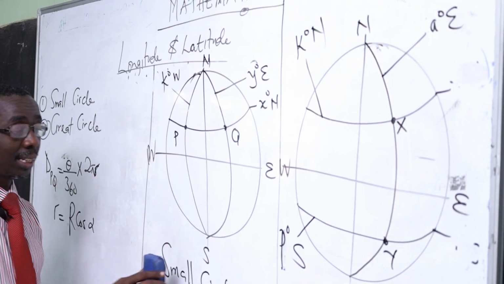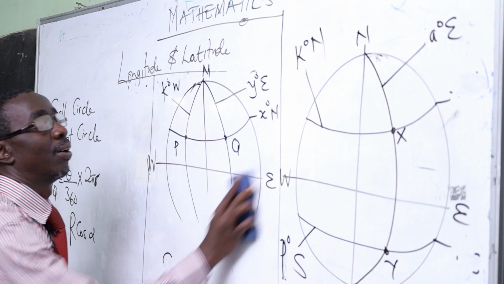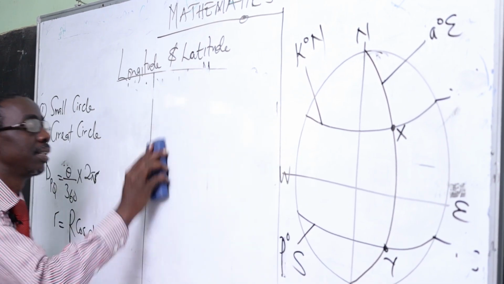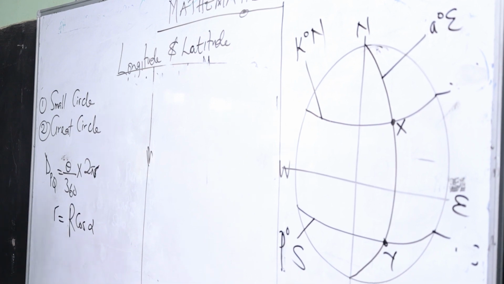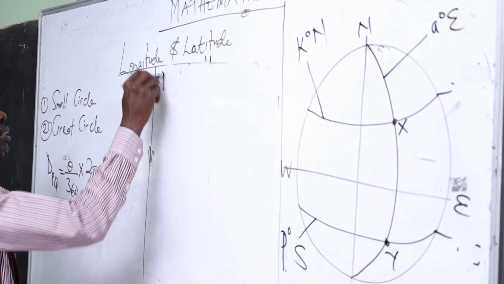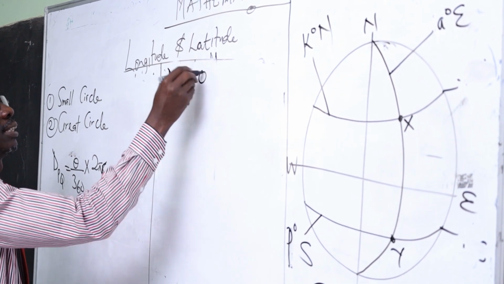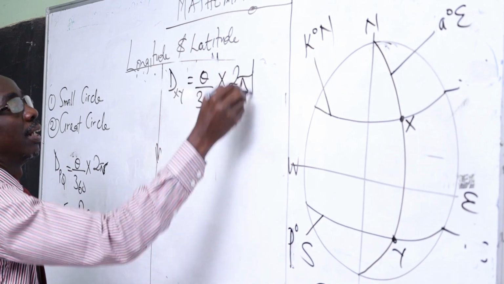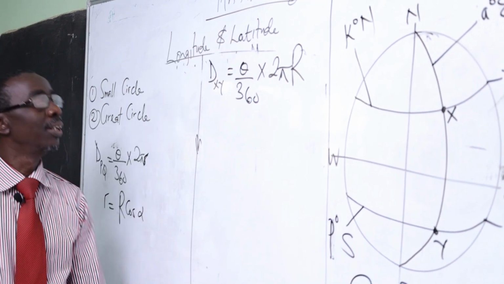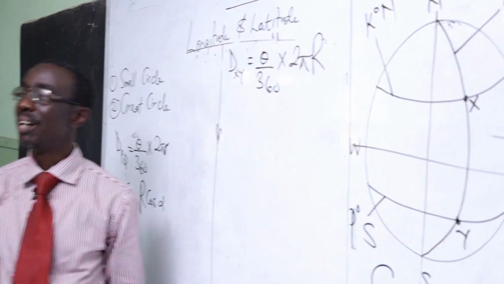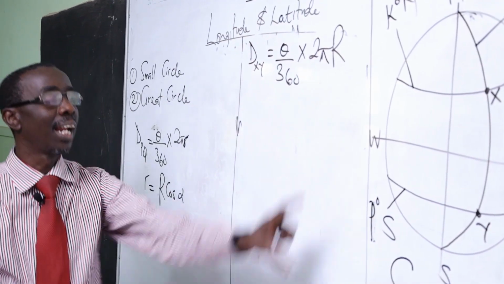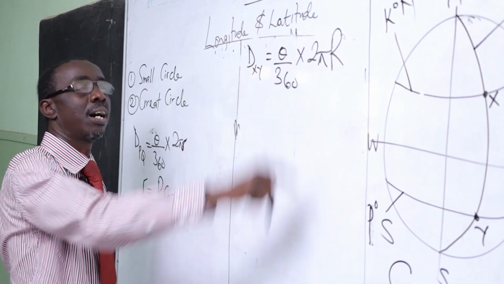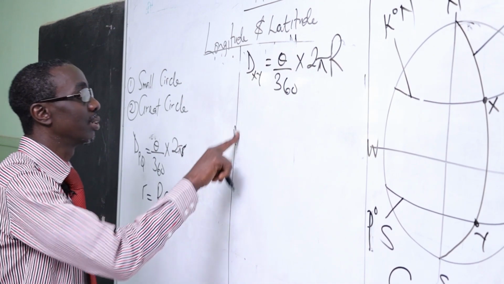Then I can clean it to use this space for our great circle. For the great circle, the distance xy is theta over 360 times 2 pi capital R. This theta is the angular difference in latitude. The capital R still remains the same, the radius of the earth.